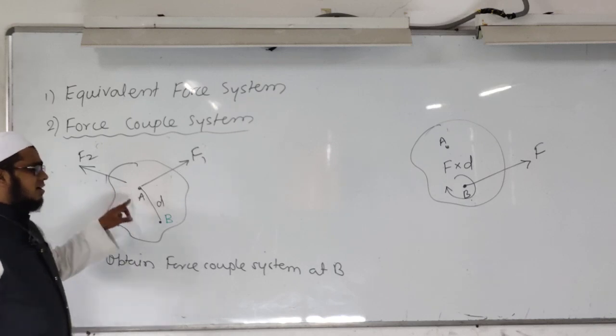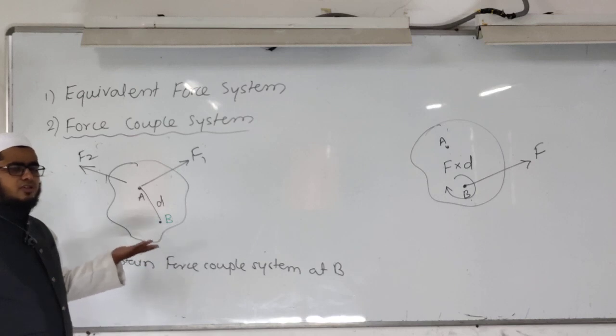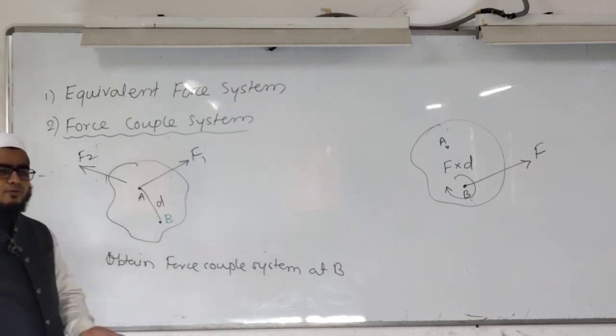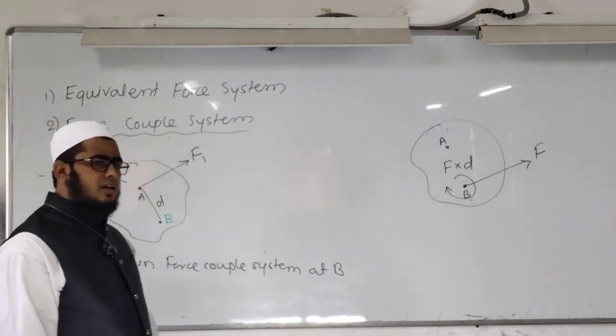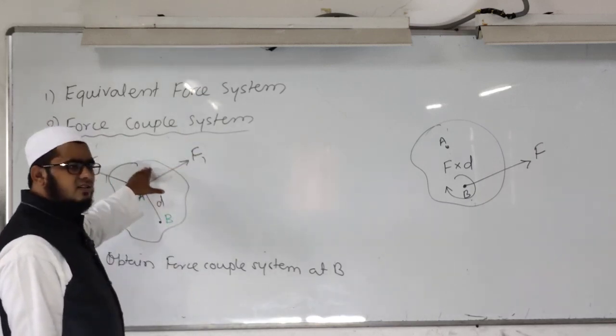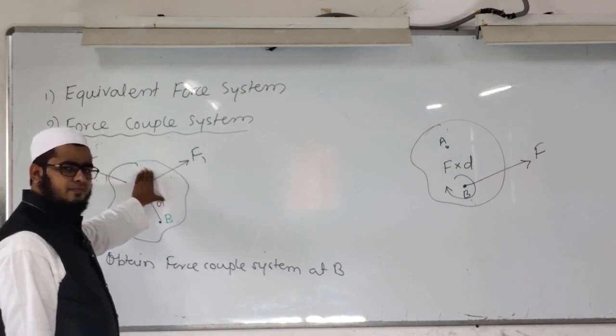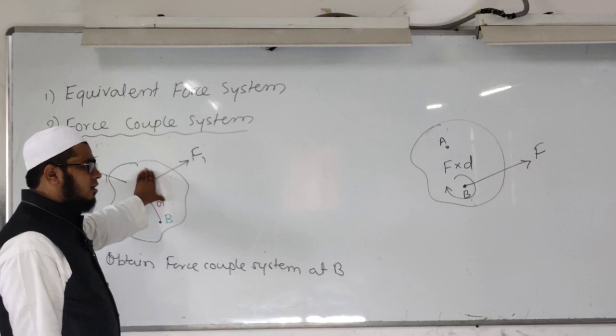I will get R, and I will get alpha from the positive or negative signs of summation Fx and Fy. I can show the resultant in the quadrant in which it is acting.